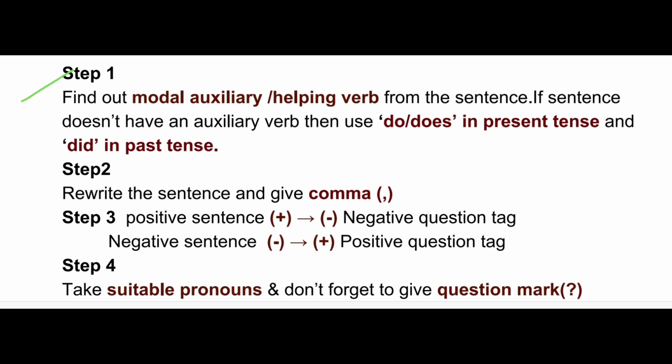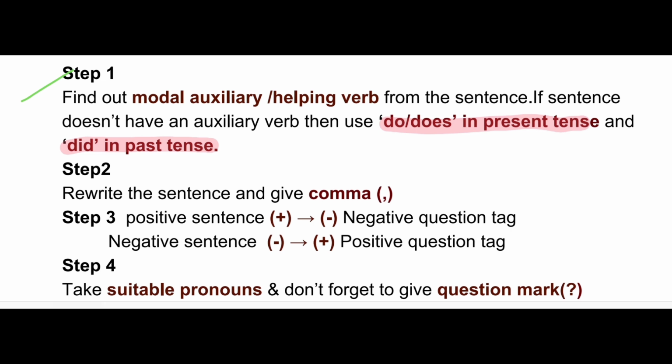And if the sentence doesn't have an auxiliary verb, then use do or does in present tense and did in past tense. So you have to keep in mind, first identify the modal auxiliary or helping verb from the sentence. If it's not available, then find the main verb. If it is in the present tense, then use do or does as per our sentence, and did in past tense.